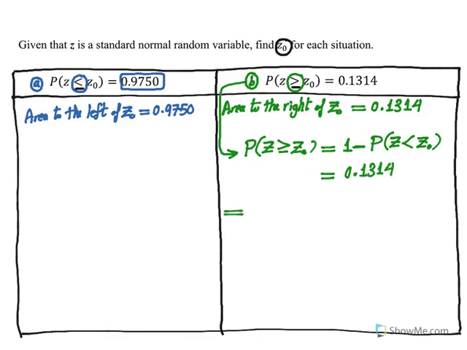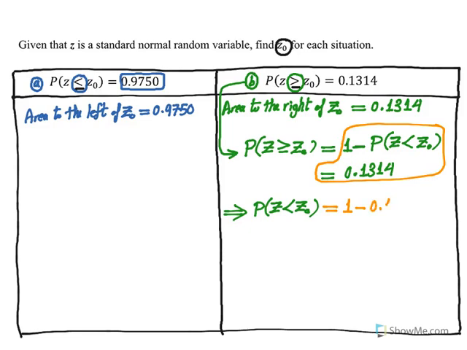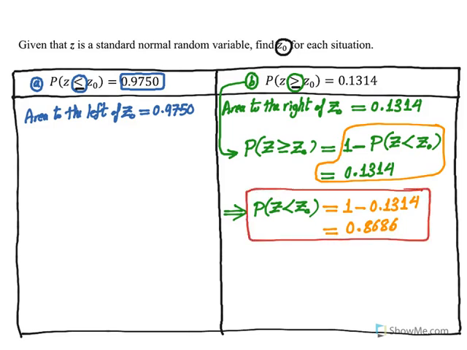So you can say this implies that the probability of Z less than Z0, I can see it now from this equation. If you want the probability of Z less than Z0, you just take things to the other side, so it will be the same as 1 minus 0.1314, which, if you do it on your calculator, would be 0.8686.